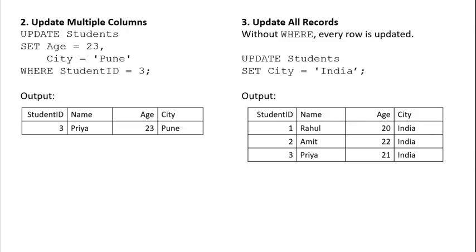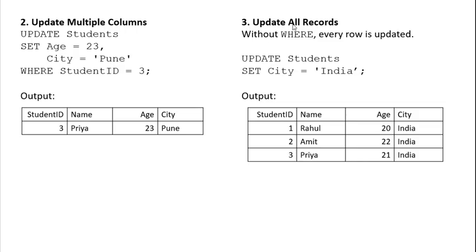So the table finds student ID 3 and changes the age and the city. The output shows student ID 3, the name Priya, the age changed to 23, and the city Pune.